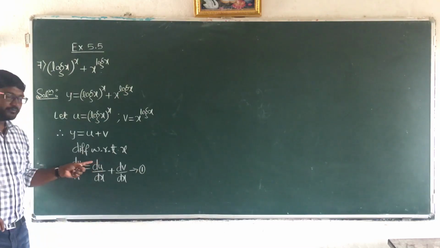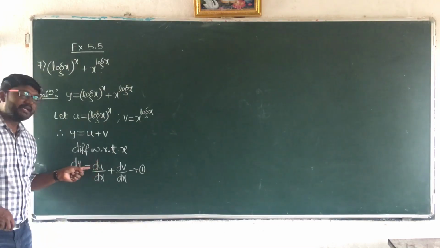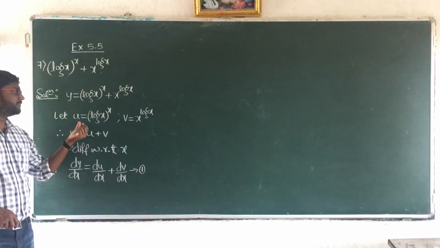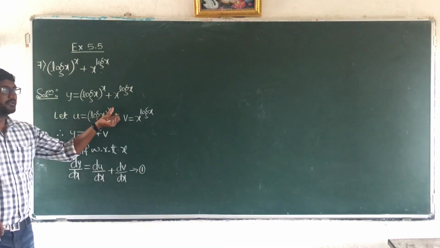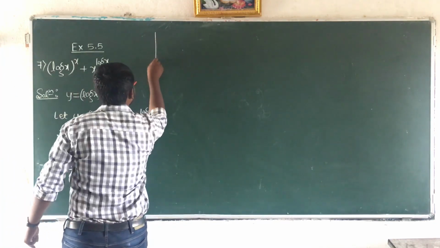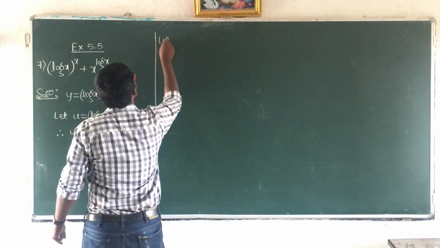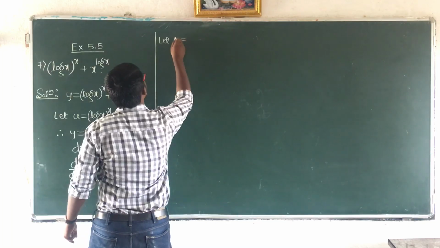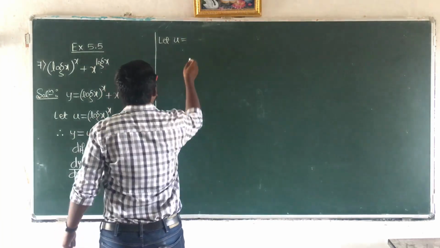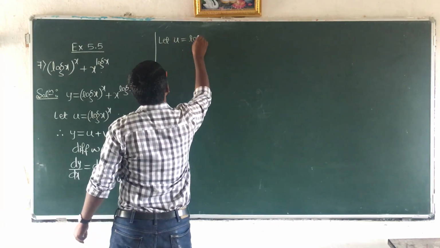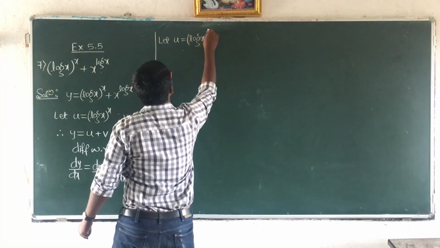So now we have to go for du/dx. In order to get du/dx, we have to consider u which is equal to (log x)^x. So let u be equal to (log x)^x.